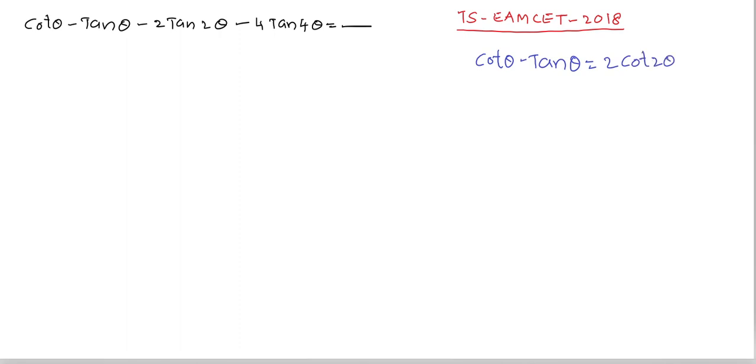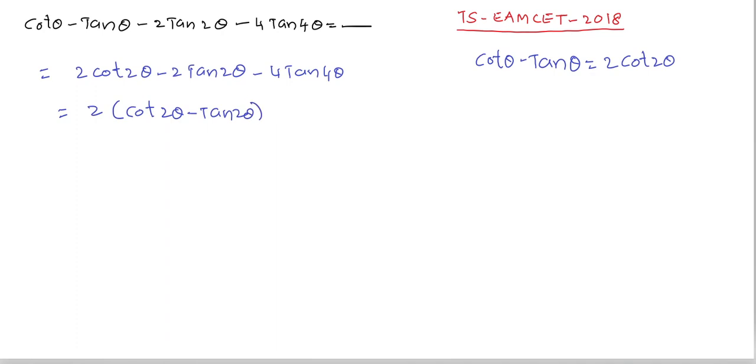Applying this formula, cot theta minus tan theta is 2 cot 2 theta, minus 2 tan 2 theta minus 4 tan 4 theta. Take 2 common, that is 2 into cot 2 theta minus tan 2 theta minus 2 tan 4 theta. Again we know that cot 2 theta minus tan 2 theta is equal to 2 cot 4 theta.